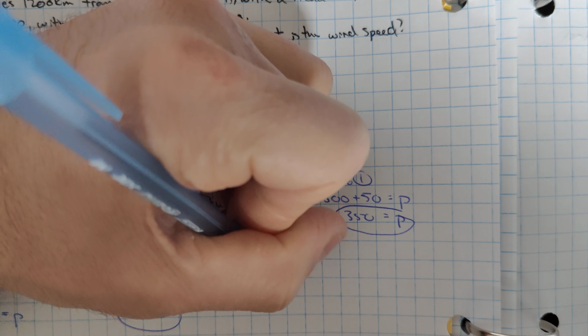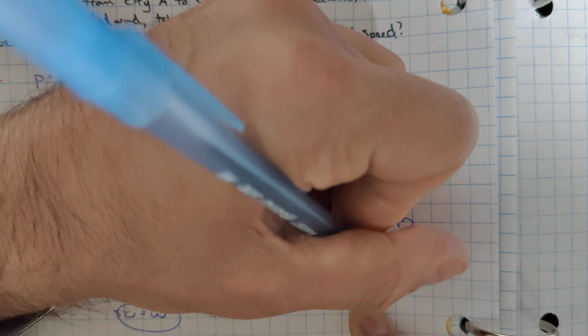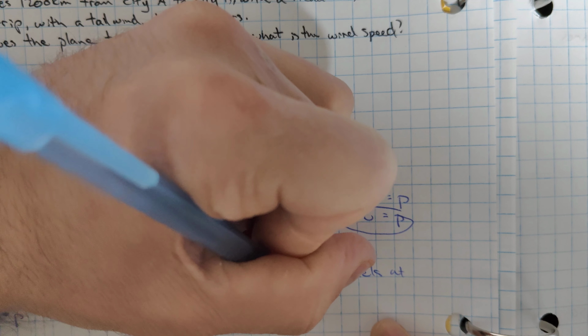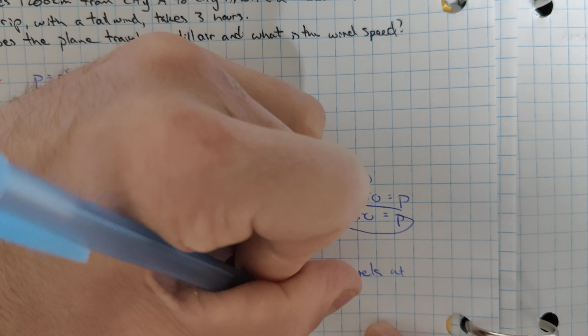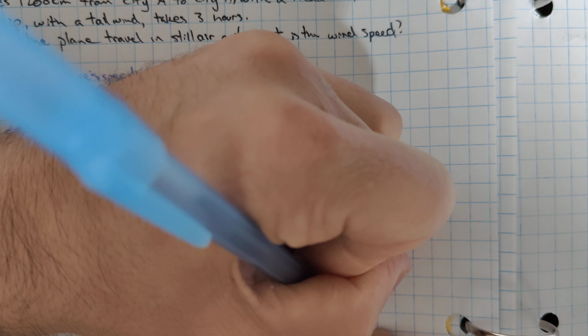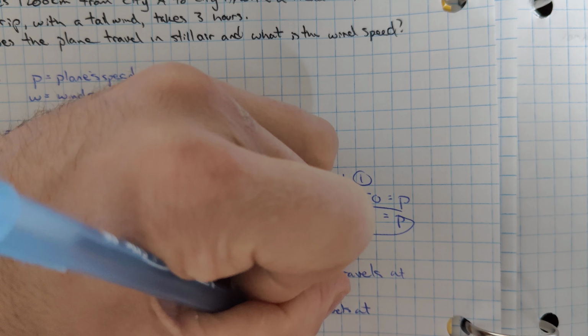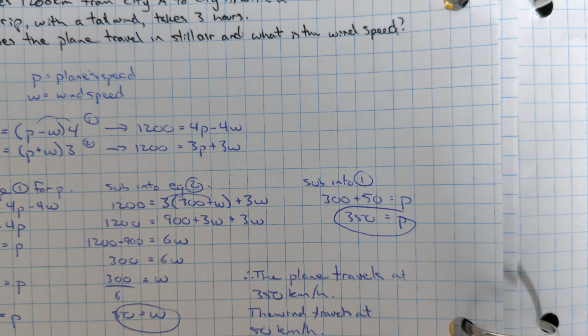So the plane travels at 350 km per h, and the wind is traveling at 50 km per h. 50 kilometers an hour for the wind, 350 for the plane.